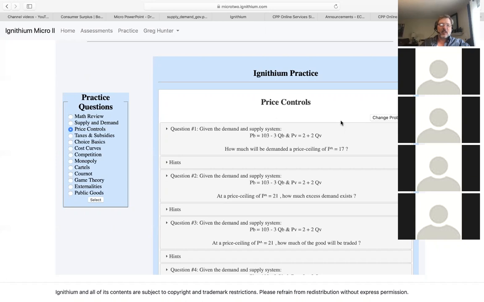But you want to show us your graph? You have your camera? No, my camera doesn't work. I'm sorry. Oh, dang it. Okay, so maybe you could tell us a little bit about what you did graph then. Did you graph the demand curve? So I did the demand curve, and then I put the supply curve, and then in the middle, I did the price ceiling at the quantity of 17.